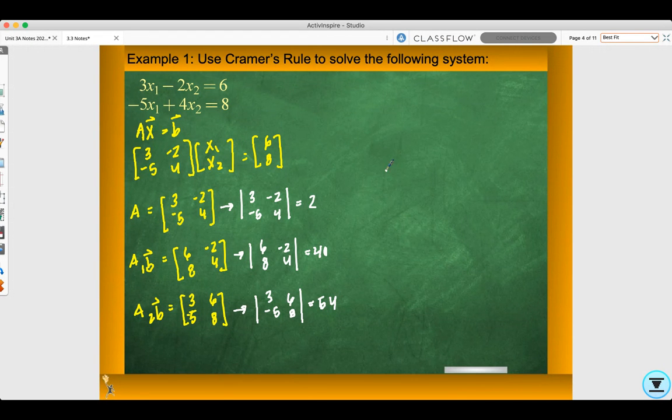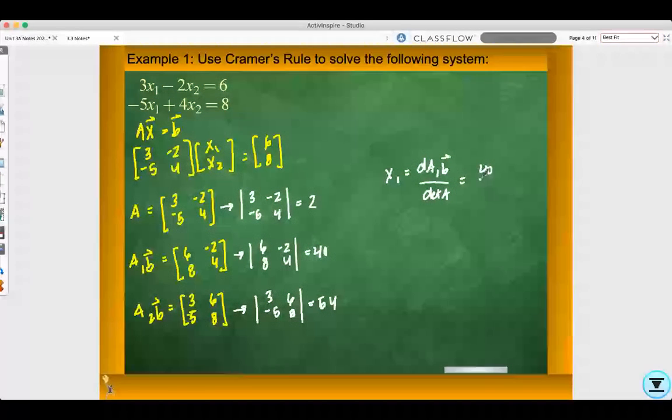So to find x1, I would just use the determinant of A1(b) over the determinant of A. So that would be 40 over 2, which equals 20.